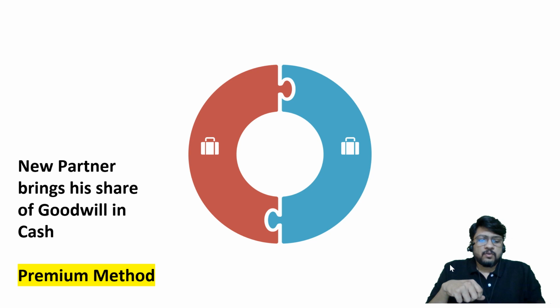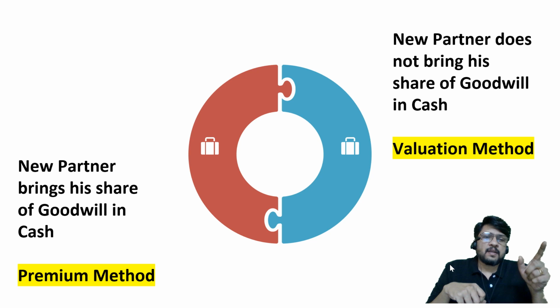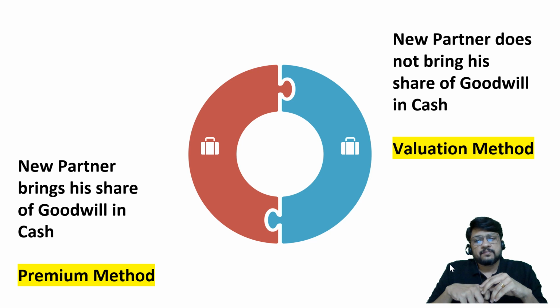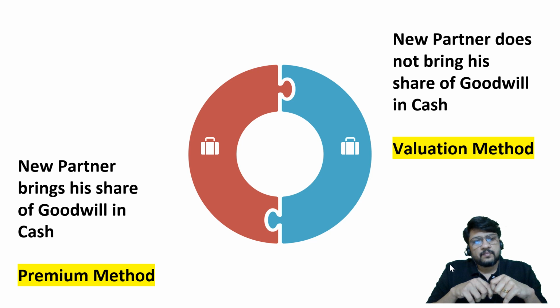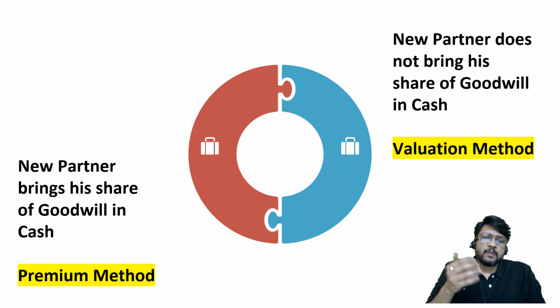On the other hand, when the new partner is not bringing his share of goodwill in cash, I call it the valuation method. Let us now understand how the premium method and the valuation method will be accounted.